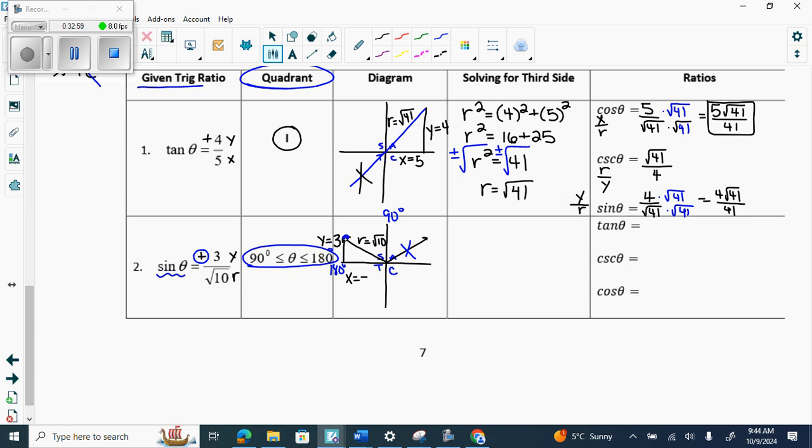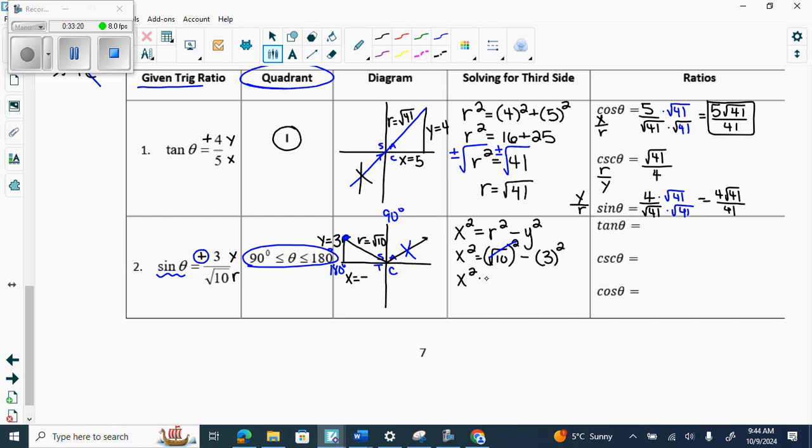Okay, so we have to do our solving, so we're going to have x squared equals the radius squared minus the other side squared. So I'm going to get x squared equals root 10 squared. That just cancels out the square root sign. Minus 3 squared.